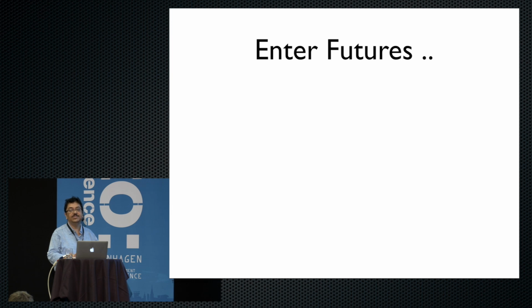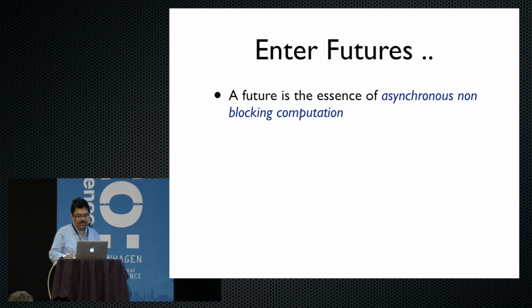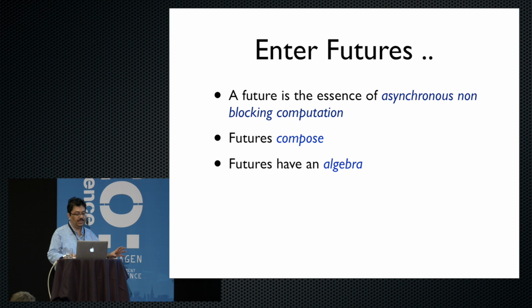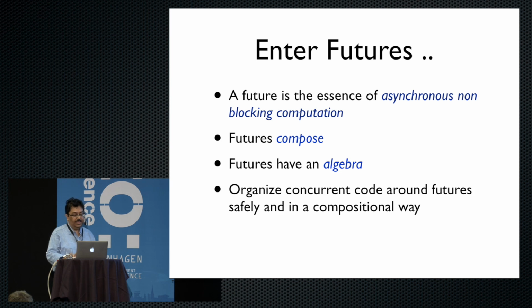Futures. Futures is the way to get there. A future is the essence of asynchronous non-blocking computation. Futures compose, they have an algebra, and they give us a great substrate to organize concurrent code in a compositional way without blocking the main thread of execution.